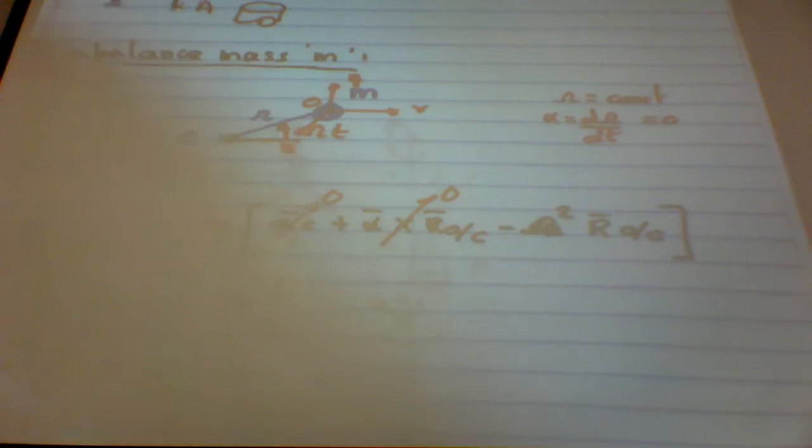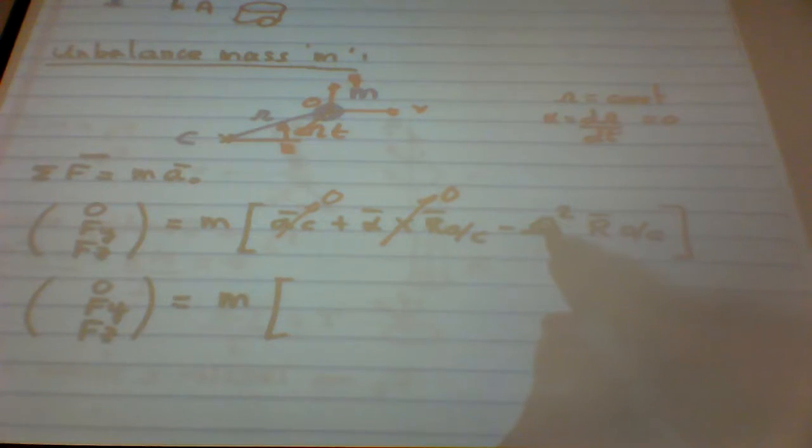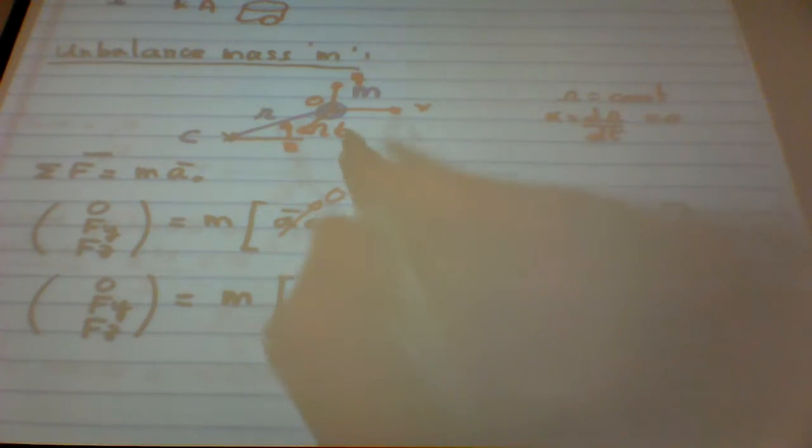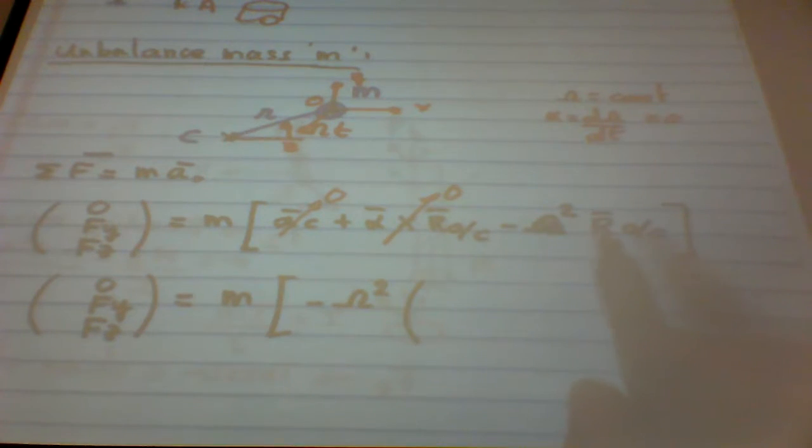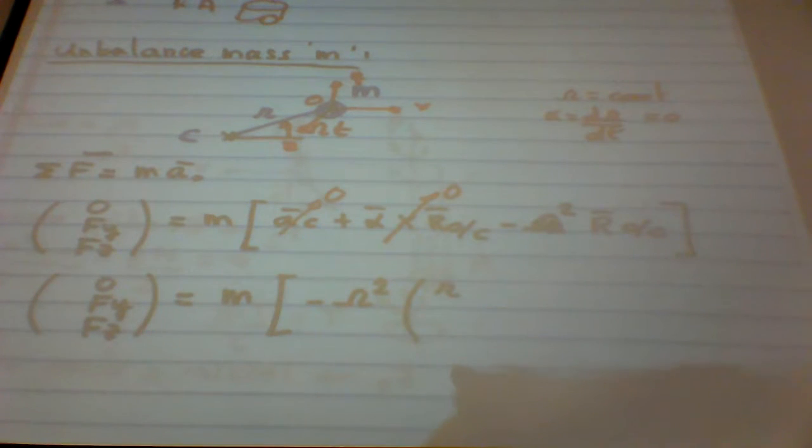This is 0. So now this is going to be equal to what? Minus omega squared. What will be the position of O with respect to C? So be careful here, what would be the x distance? Would be R, sorry, would be 0.